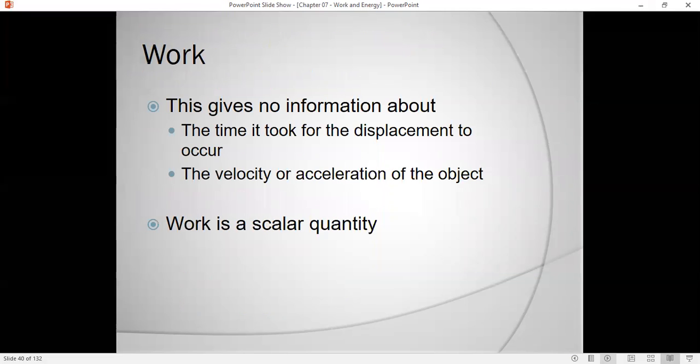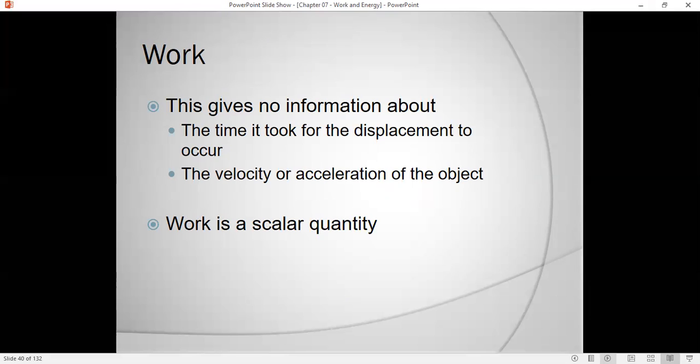So again, work gives no information about the time it took for the displacement to occur. So there's no acceleration, velocity, position type thing going on. We obviously, because of this, don't know the velocity or the acceleration of the object. And we're also limited in terms of the fact that it's a scalar quantity, so direction really doesn't have any meaning here.